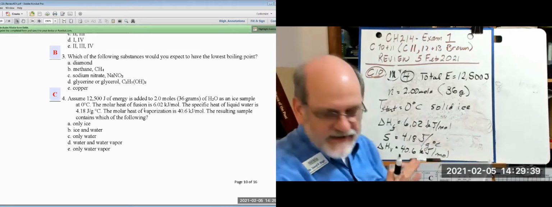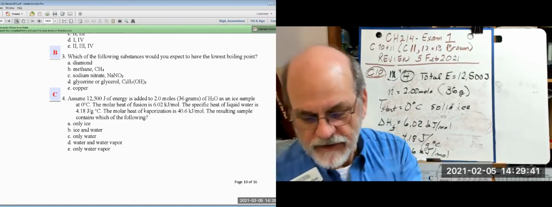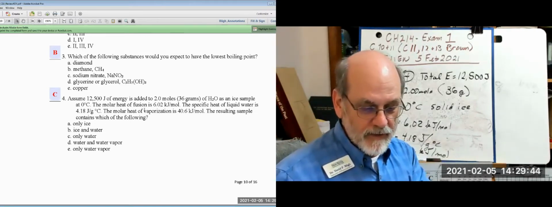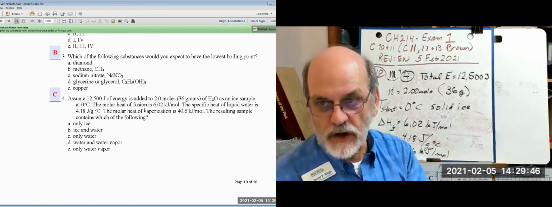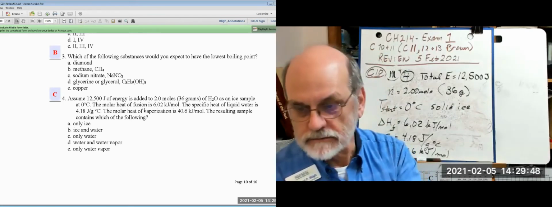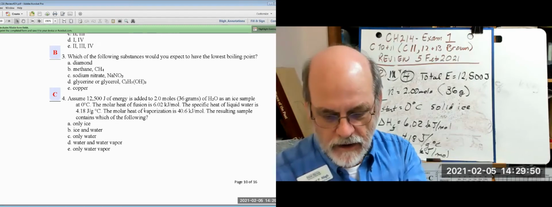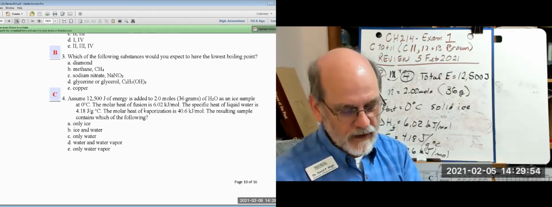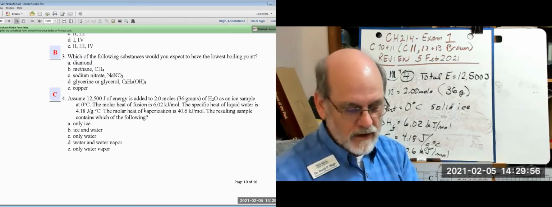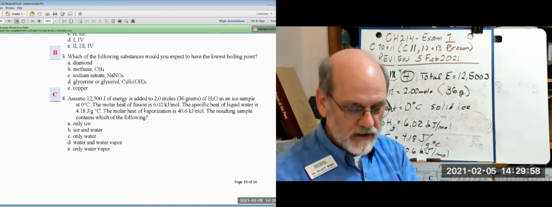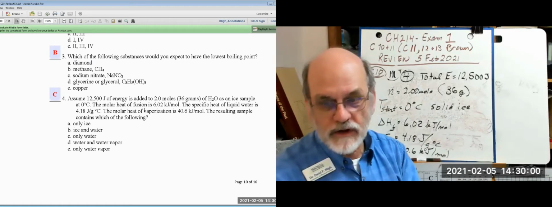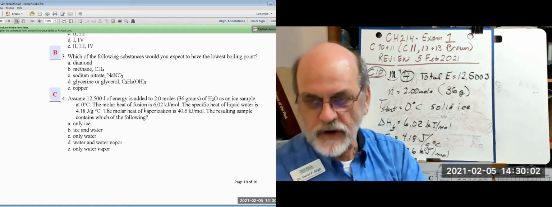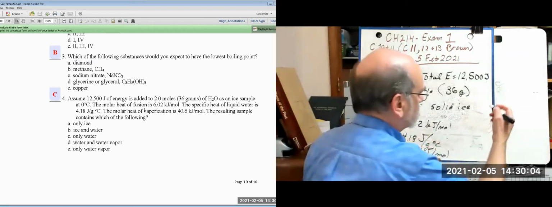Okay, that's everything that's given. The question is, what is in the resulting sample? Right? So your choices are, is there still only ice? Is there ice and water? Is there only water? Is there water and water vapor, or is there only vapor? Right. So that goes back to our diagram.